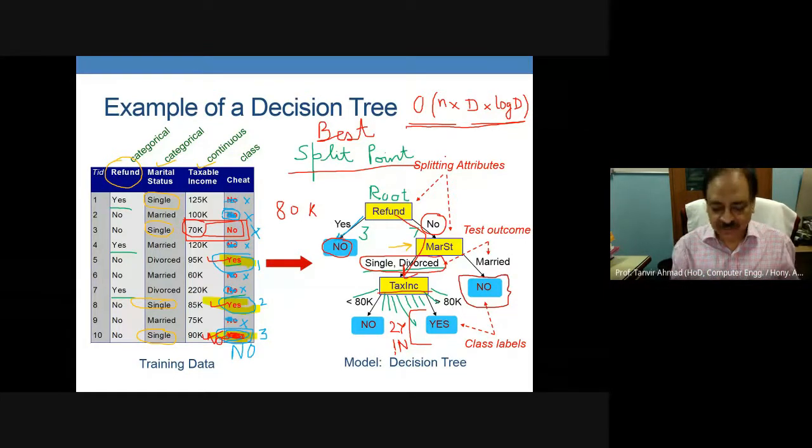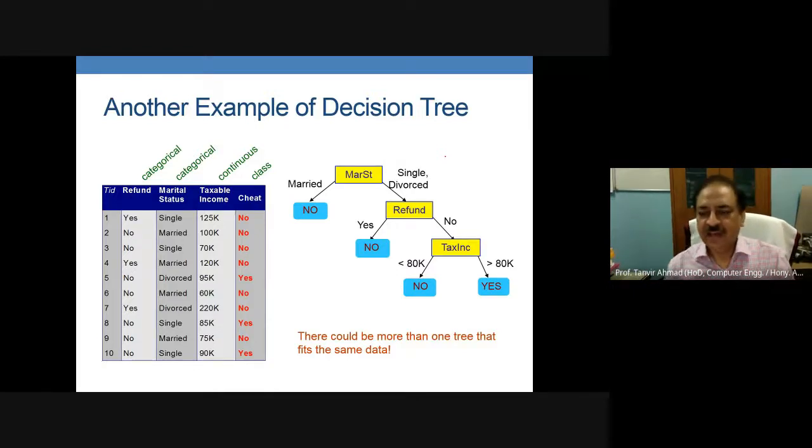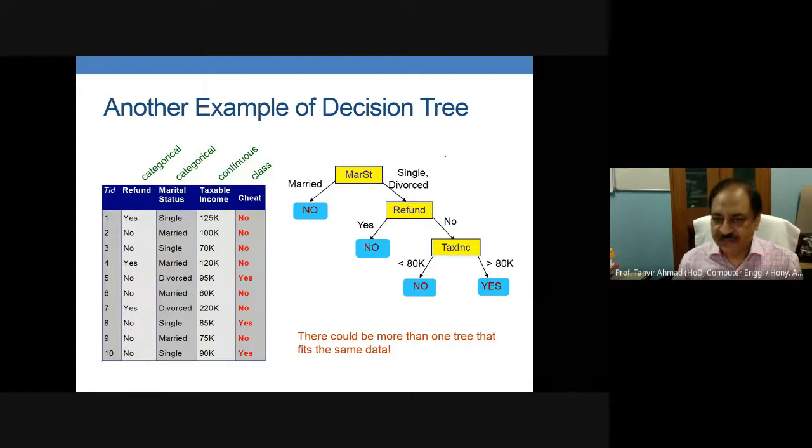But it could also make a tree like this, where marital status would have been the root, and if I say married, it generates a pure partition. Then I have single and divorced, and there I check if it is refund. If it is yes, this generates a pure partition, and then keep on going like this. Therefore, there could be many different trees, and all of them are decision trees. Correct? All of them are decision trees.